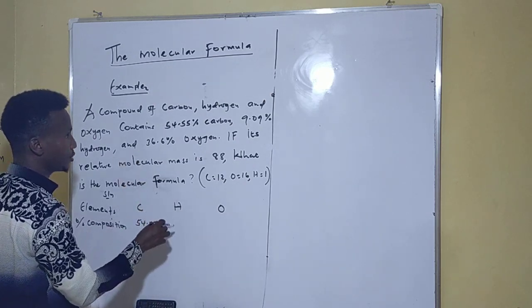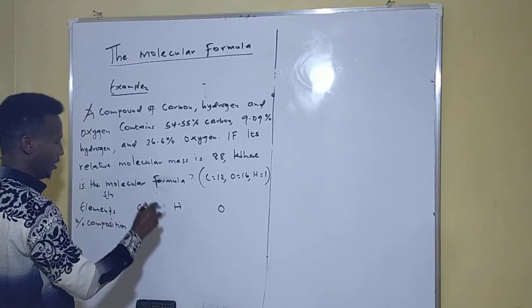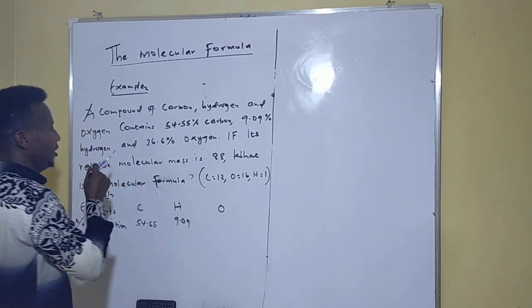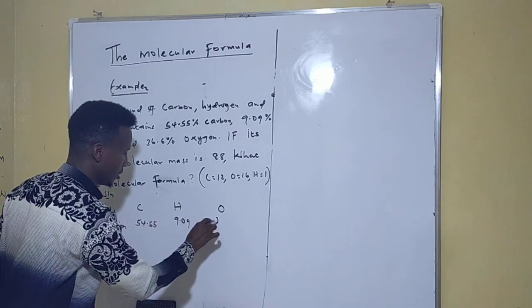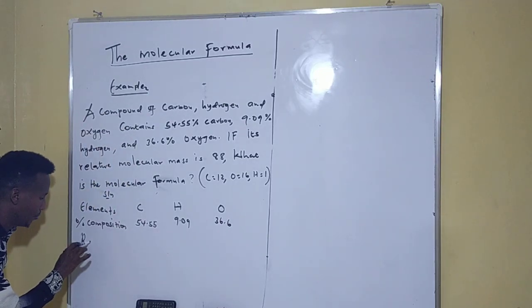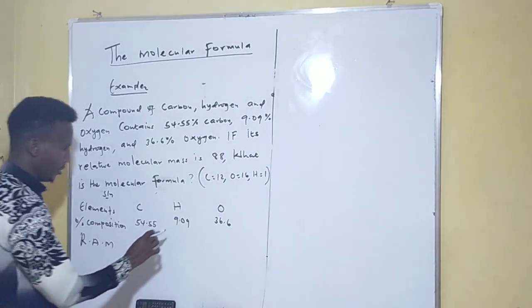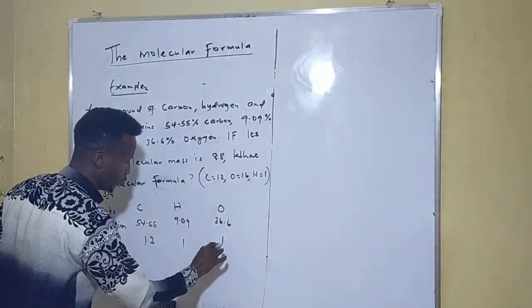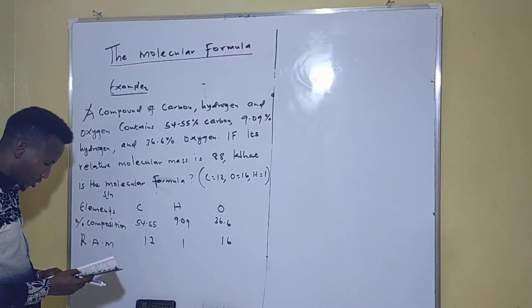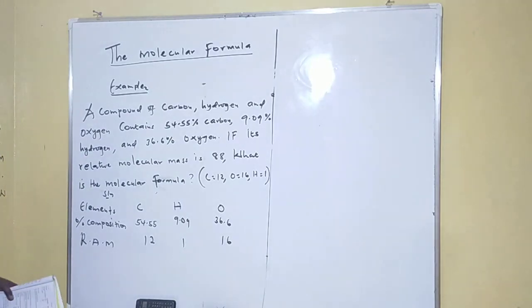Hydrogen is 9.09. Then we have our oxygen as 6.6. Now the relative atomic mass of these three: carbon is 12, hydrogen is 1, oxygen is 16. Don't forget that oxygen is 16.